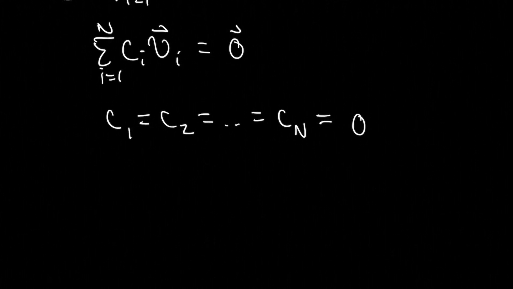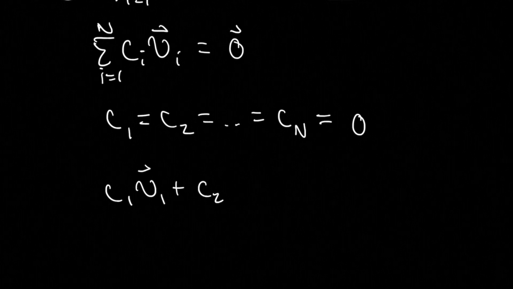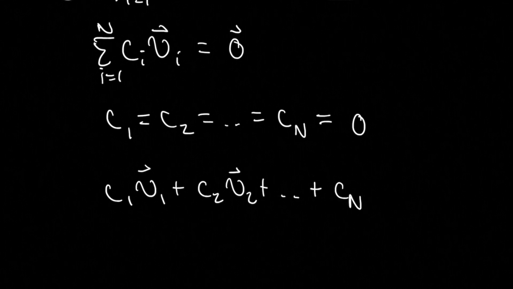Well, let's assume that there is a solution where at least one of the c's is not equal to 0. So we have an equation c1 times v1 plus c2 times v2 all the way up to cn times vn.